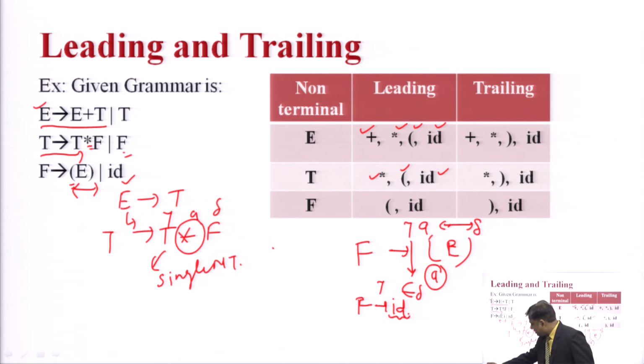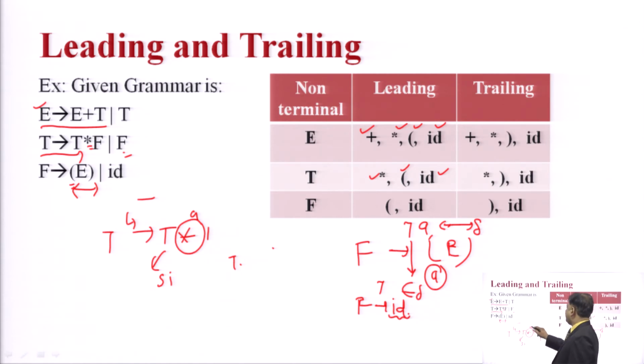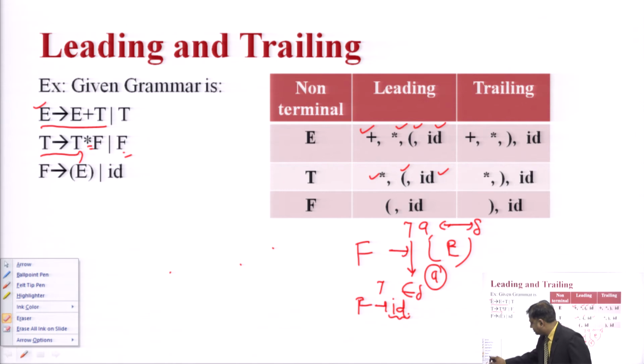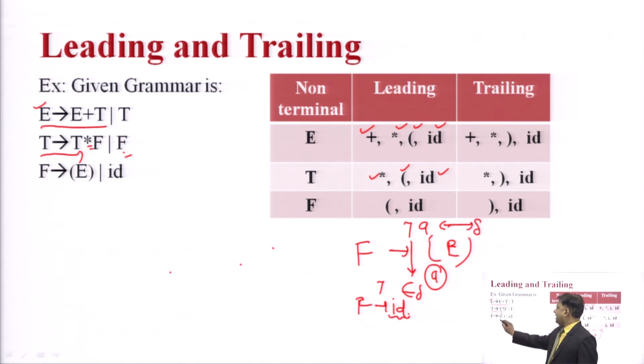Next we come to the leading of F. Leading of F means what is the first terminal which can be derived with the help of F. So, what we see here is that F drives parenthesis of E, and F drives ID.